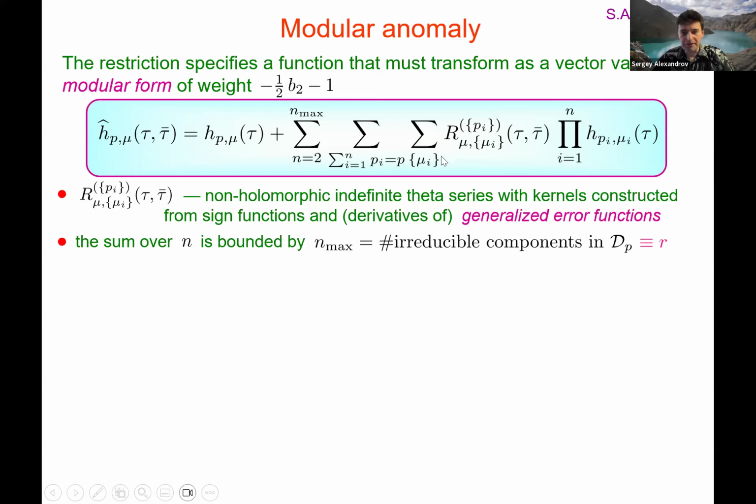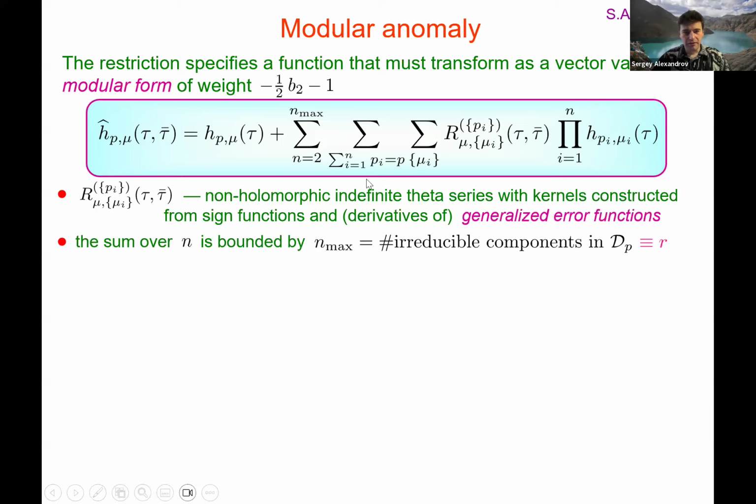I'm not going to present their precise form because it's a bit complicated, but roughly speaking, there are some non-holomorphic indefinite theta series with kernels constructed from sine functions, the so-called generalized error functions, which play a crucial role in constructing modular completions of indefinite theta series. So some complicated but explicitly known object.